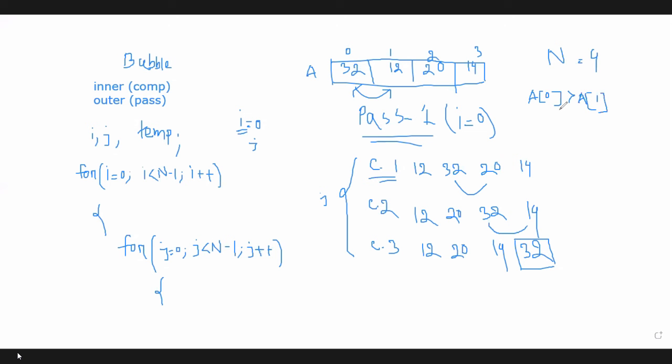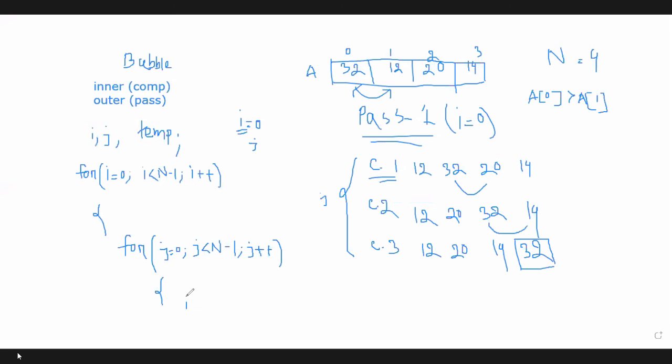So 32 is greater than 12. The lower data element is 12. That means we can place 12 in the first memory location, but at that time, the higher one, 32, should be placed in the variable temp.